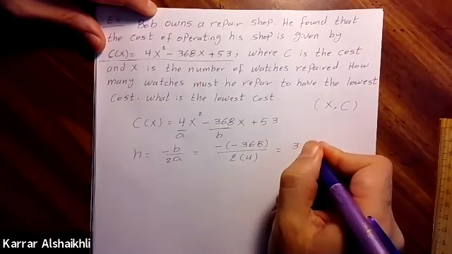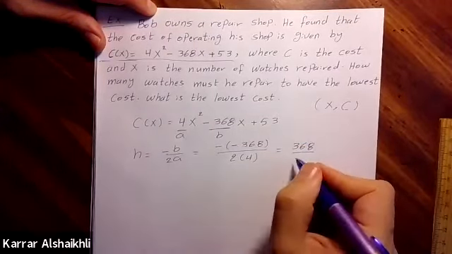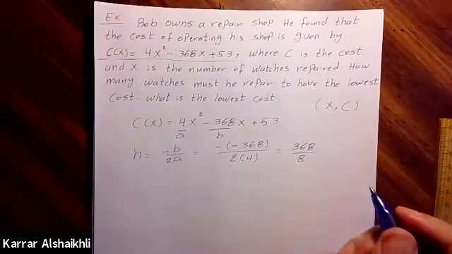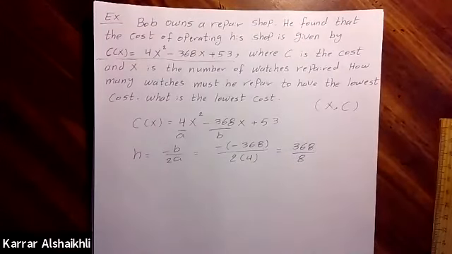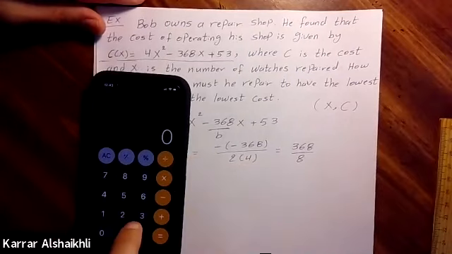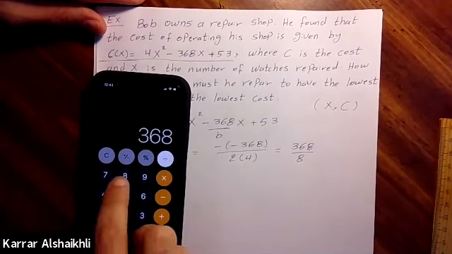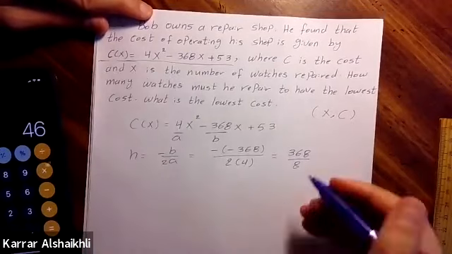So it's going to be 368, because negative times negative is positive, over 8. Let's check how much it's going to be. 368 divided by 8 is going to be 46.